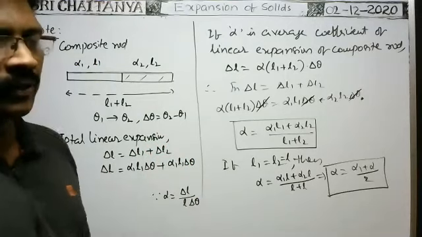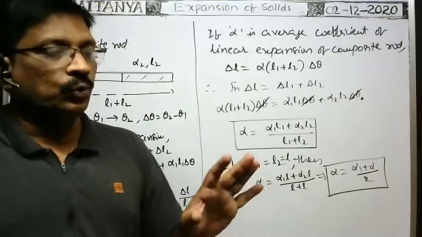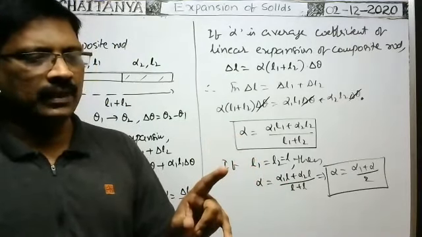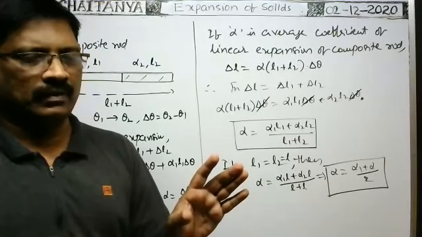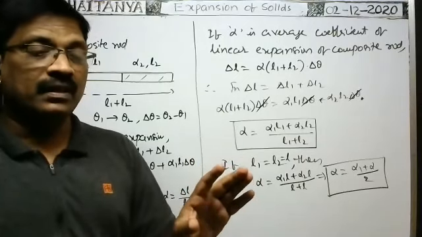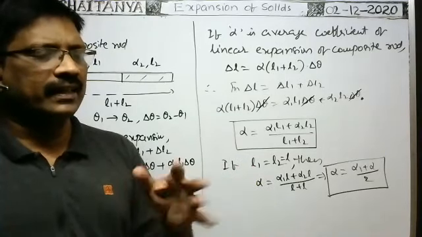Suppose we are given two rods having the same masses but different areas of cross section, A1 and A2, of course A1 less than A2.